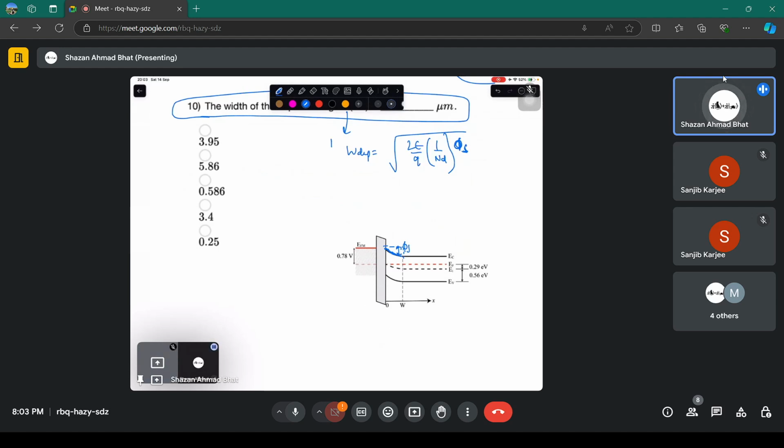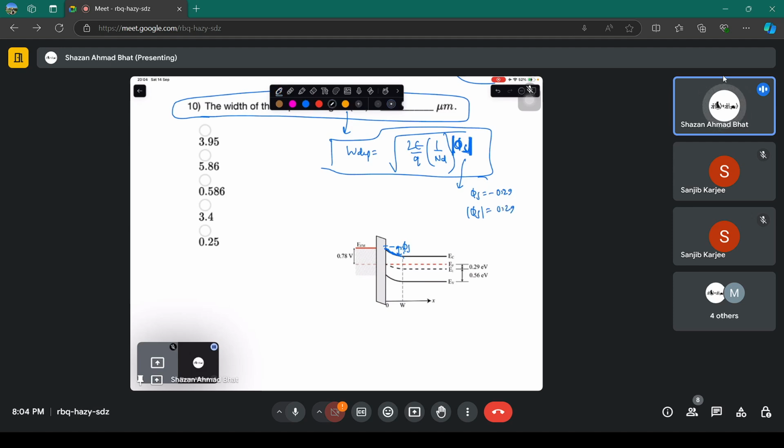Now you have to compute this thing. Everything has been given. I think the surface potential you computed is 0.29. Now you don't put the negative sign here because this is the magnitude. Remember that: the surface potential is negative, but the magnitude of the surface potential is going to be 0.29.